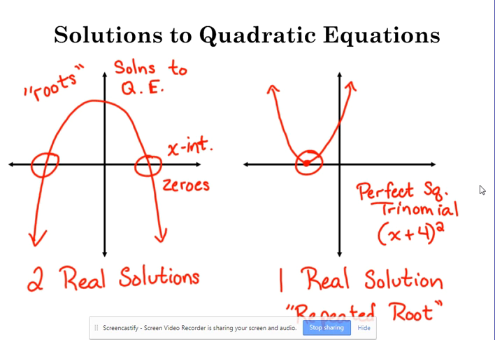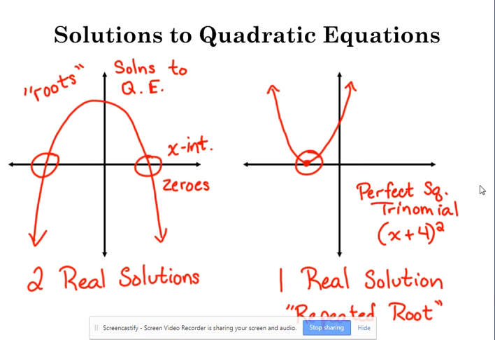for you. We have three scenarios when it comes to solutions to quadratic equations. Most of the time, we have two real solutions. Your parabola is going to cross the x-axis twice, whether it's facing upward or facing downward.